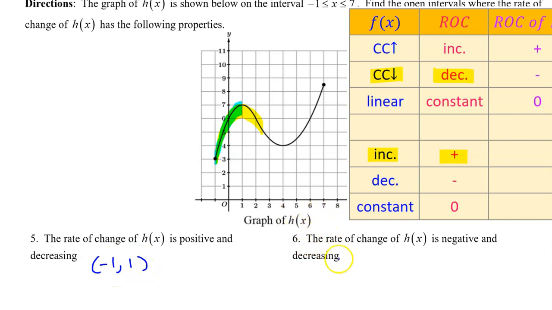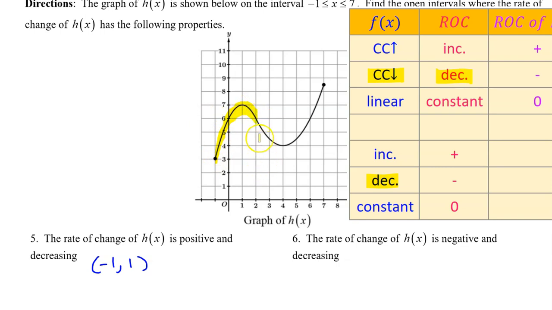All right, problem number 6. We want the rate of change of h to be negative and decreasing. Well, the rate of change will be negative when h of x is decreasing, and the rate of change will be decreasing when h of x is concave down. So, where's h of x concave down and decreasing? Well, we already discussed that h of x is concave down vaguely.